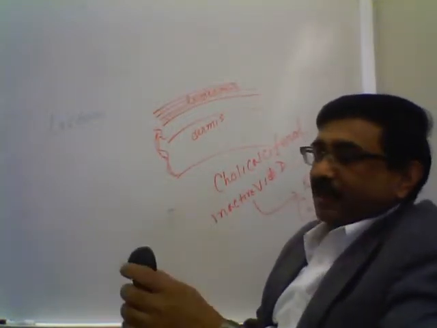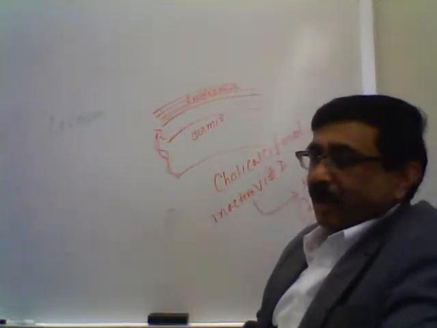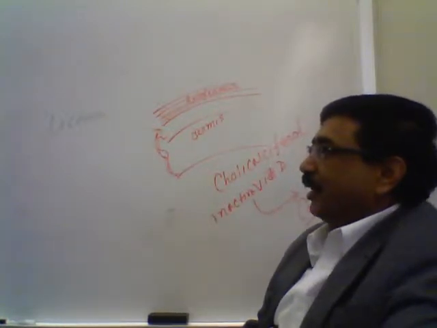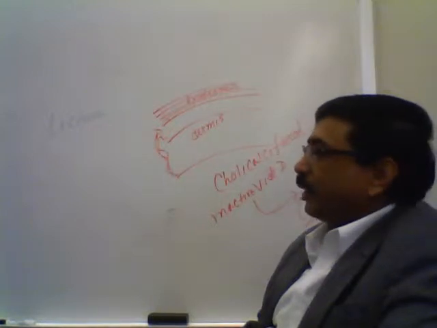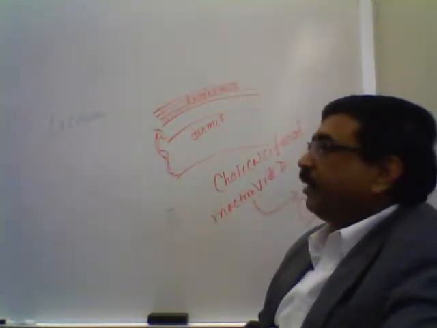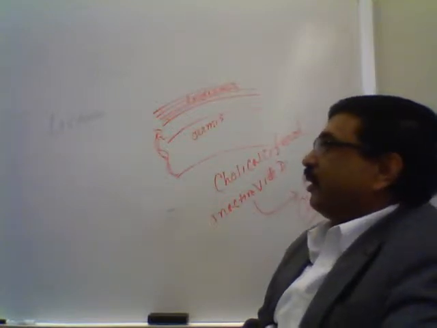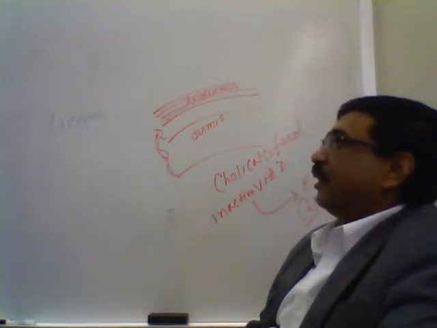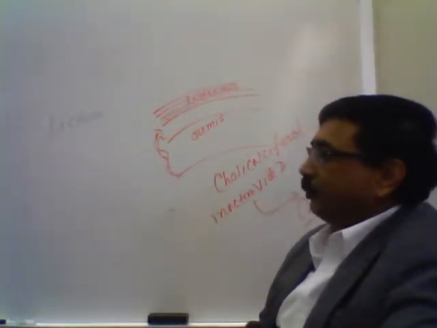Hair follicles, hair roots, receptors. I have already mentioned pain, touch, temperature, those receptors are present, and those receptors are mostly located at the free nerve endings, ending of the free nerves, and corpuscles, Pacinian corpuscles, or there are a couple other corpuscles.